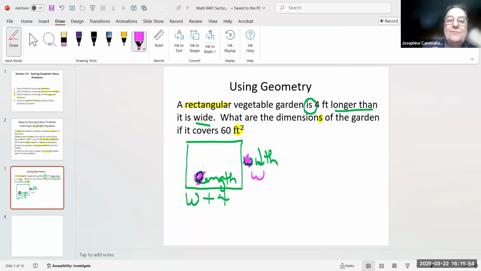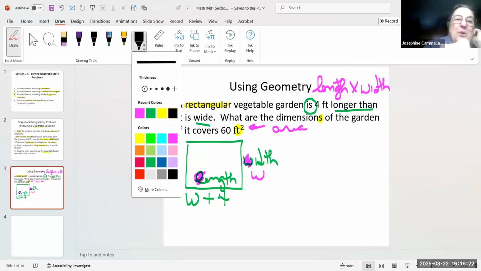Okay. Now, see this little square, this little power of 2? That means area. Now, area is length times, and I forgot my T, width. Length times width.